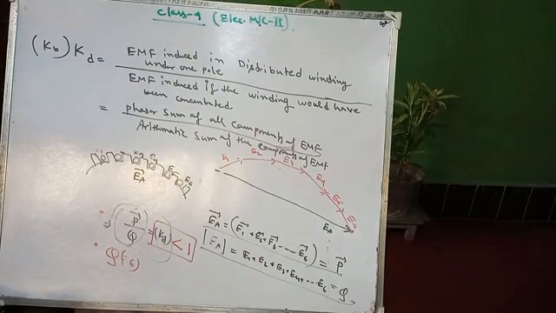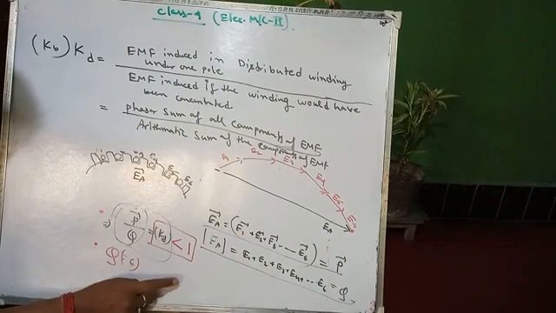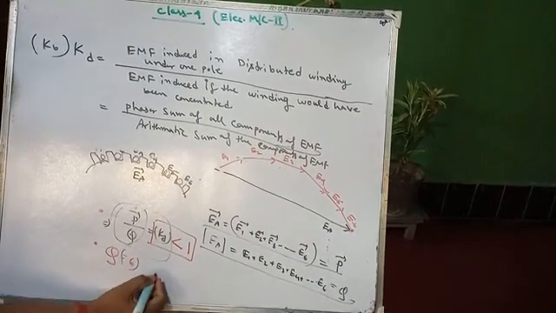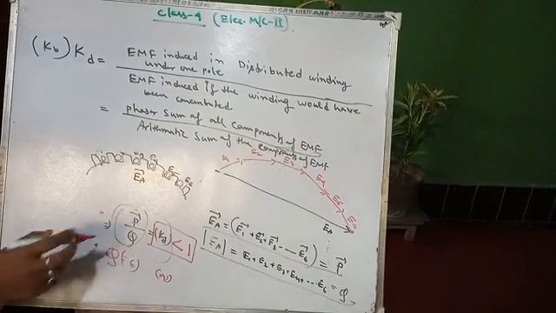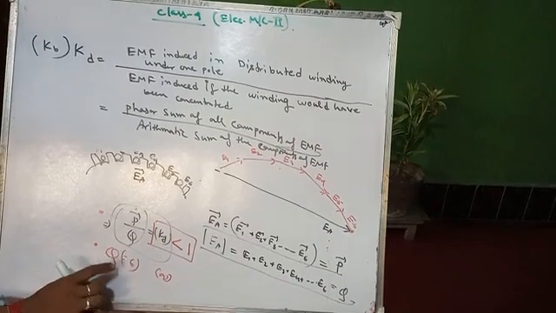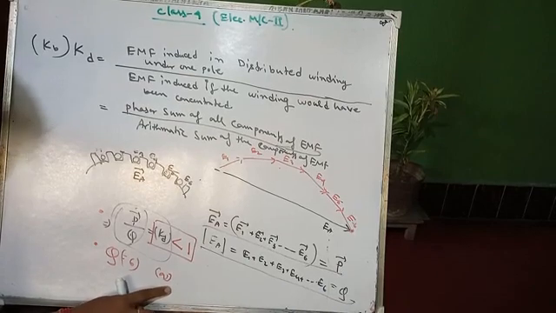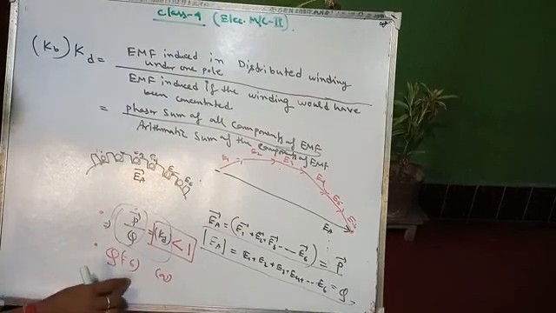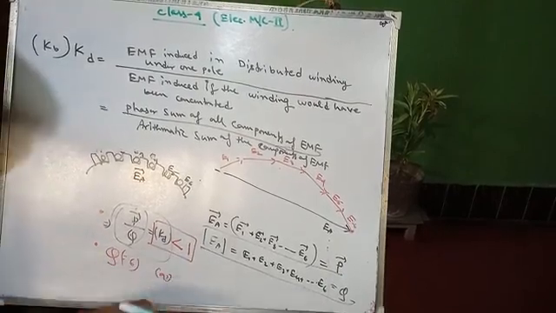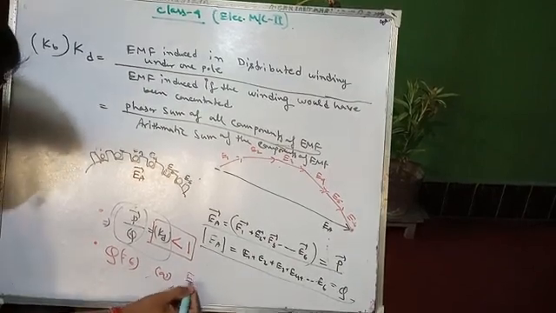Let the number of slots per pole be capital Q, and the number of slots per pole per phase equal small q. Then the induced EMF in each coil will be EC.